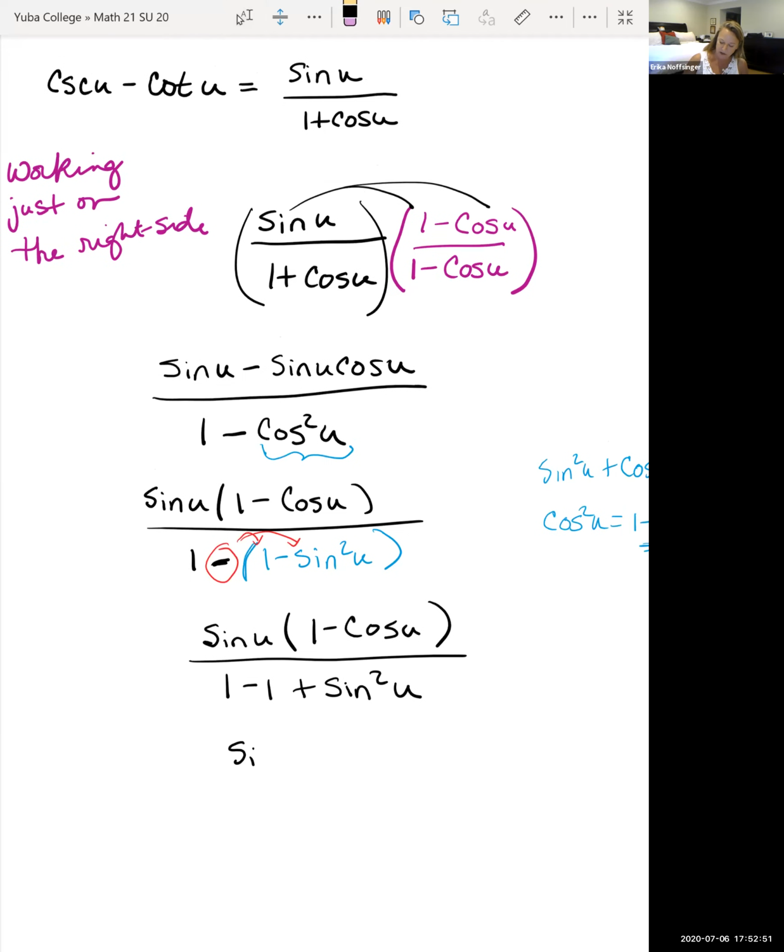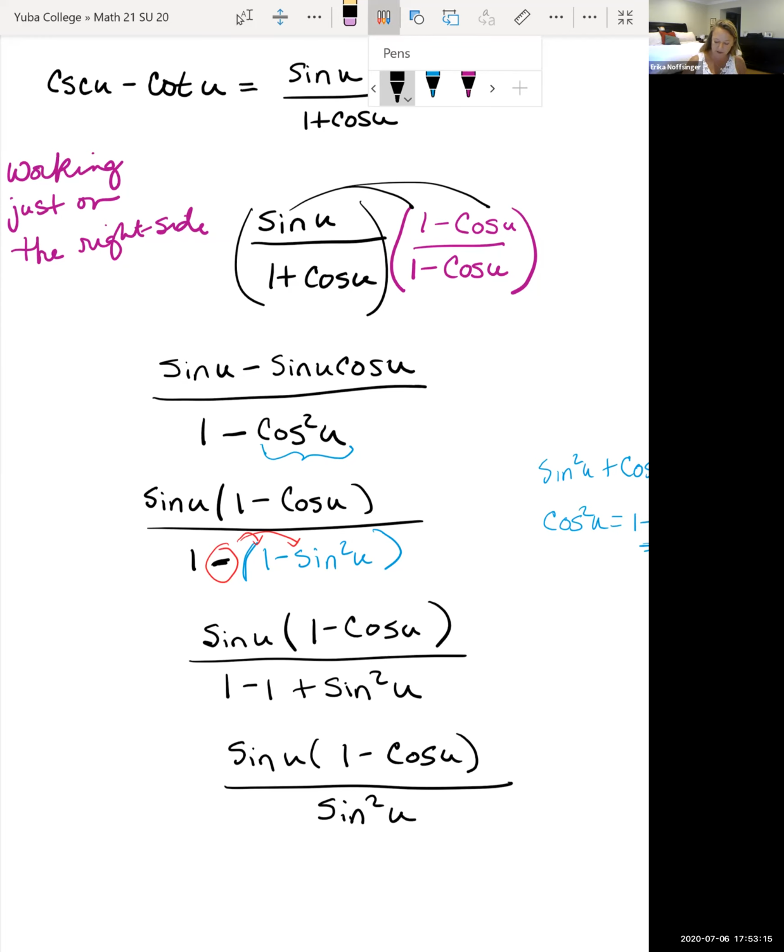So sine u all times 1 minus cosine u all over sine squared u. So notice you have multiplication on top between sine u times this parentheses. There's no addition outside. We can simplify. We have a single sine u on top and we have 2 of them on the bottom. So cancel the sine u on top, get rid of one of them on the bottom.